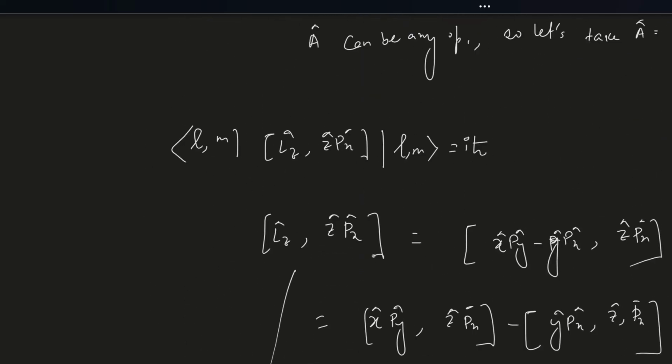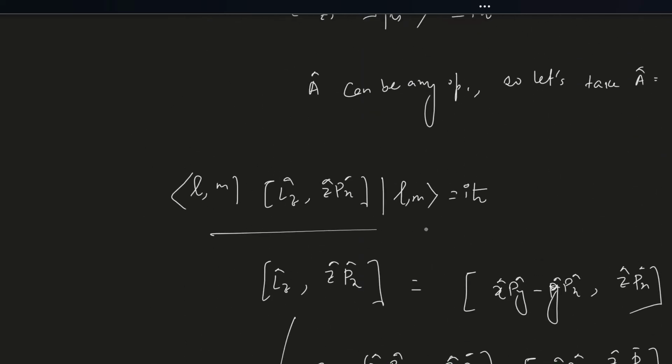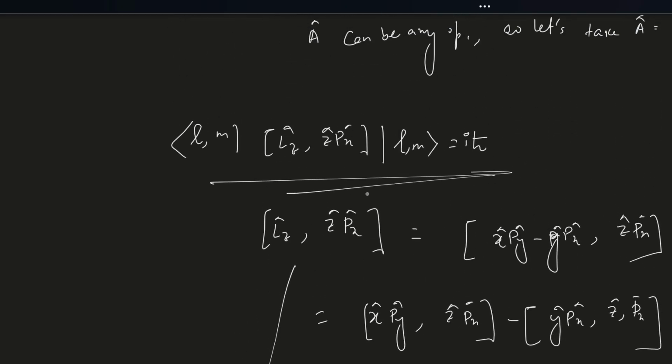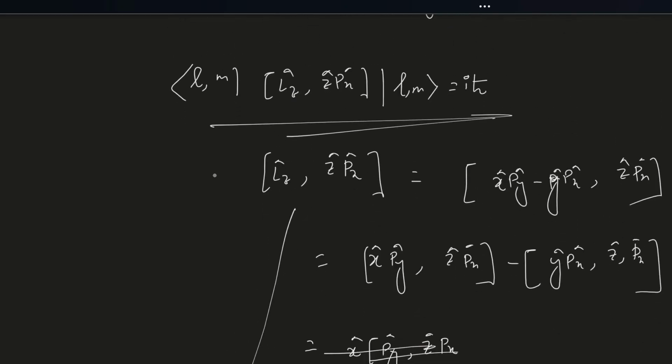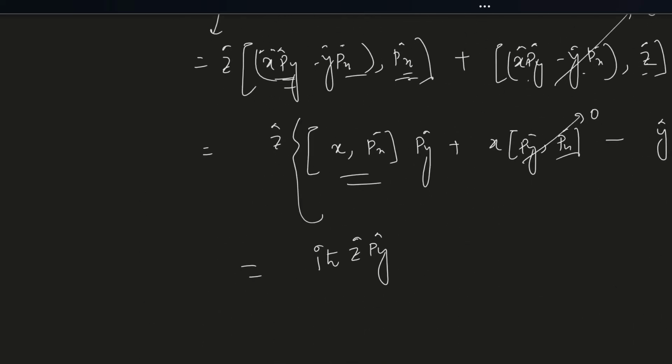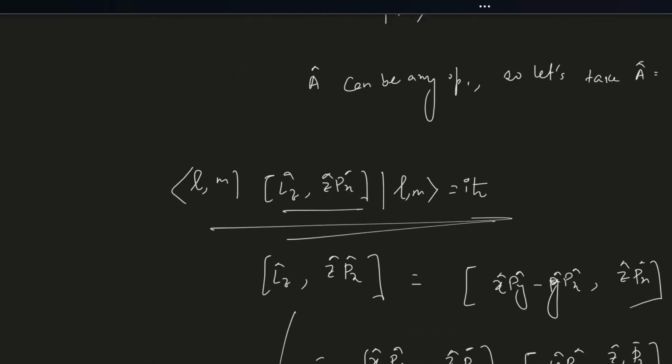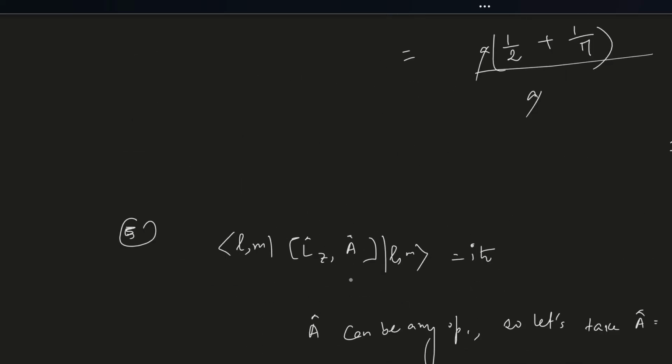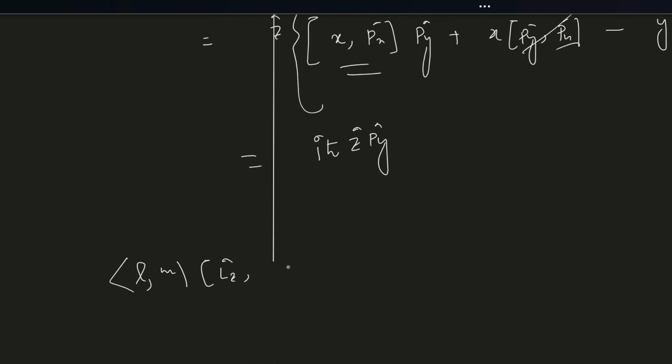Now we have solved this inner commutator bracket relation. By putting it in the known equation given in the question, Lz comma z px Lm, this was given as iħ as per the question.